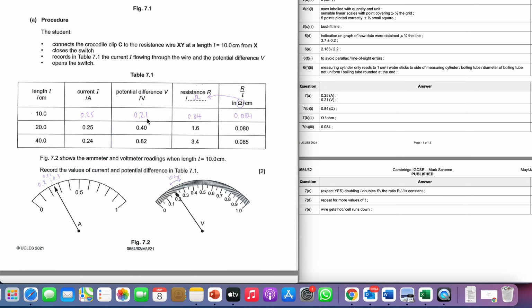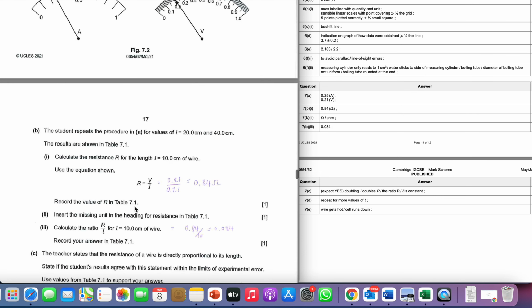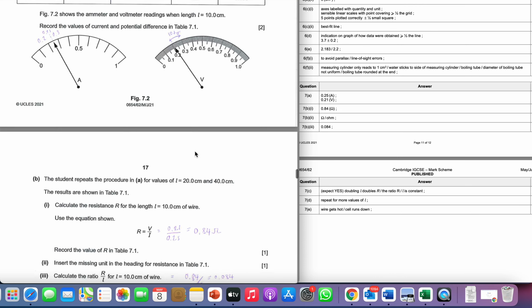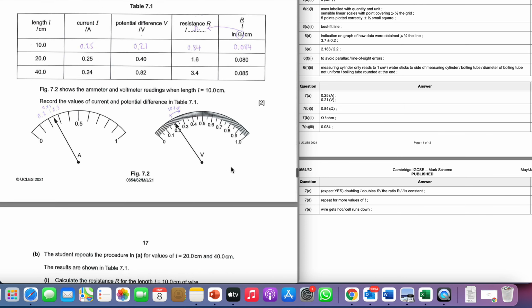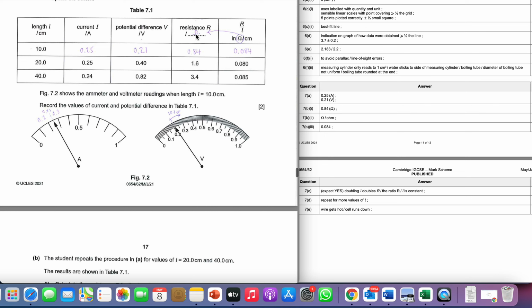We're then asked to calculate resistance. Again, it's a core paper, so you don't need to remember the equation. It's quite nice to have that equation given to you. We'll do the calculation, set out our working, and then enter the value 0.4. You'll notice at the top there, we're missing a unit, and that's the unit of our resistance, ohms.